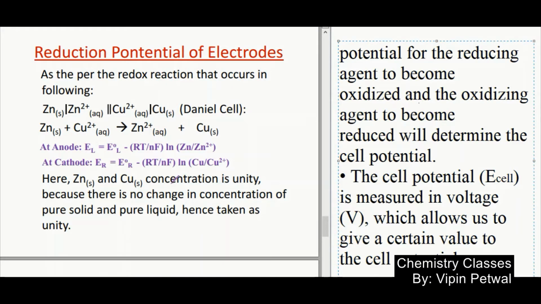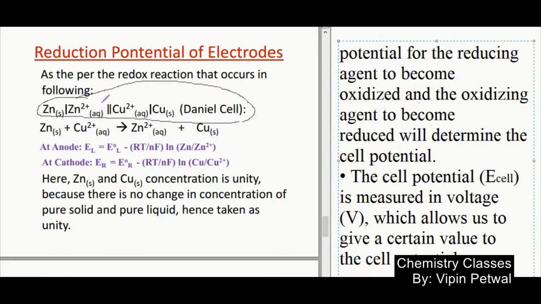Okay. Let's suppose we have to determine here, we have to understand about the reduction potential of electrodes. Okay, so simply as per the redox reaction that occurs in following, can you tell what is this? This is the representation of the Daniell cell notation, we can say.